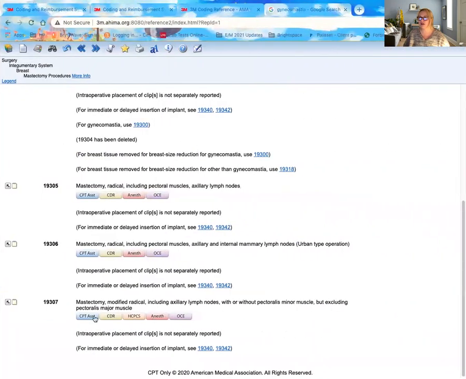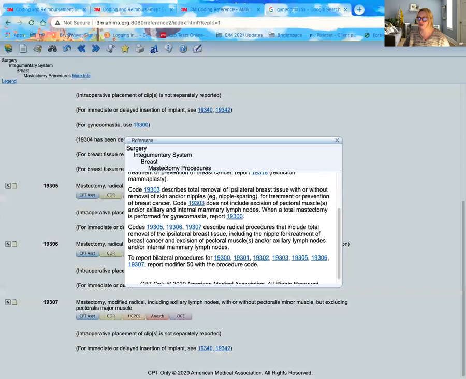Okay, so everything at this point, a mastectomy, modified radical, which again, if we're not familiar with what that entails, we can look at this description and see that it includes the removal of the ipsilateral breast tissue, including nipple, for treatment of breast cancer and excision of the pectoral muscle and or lymph nodes.